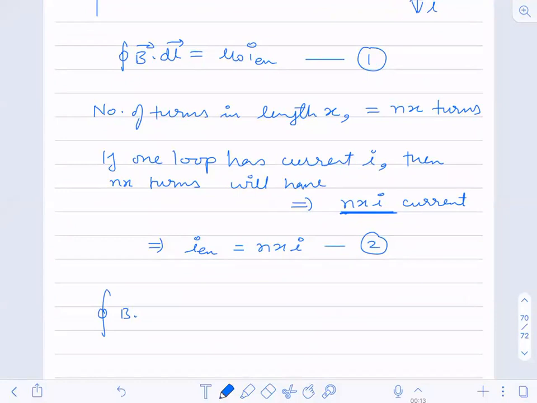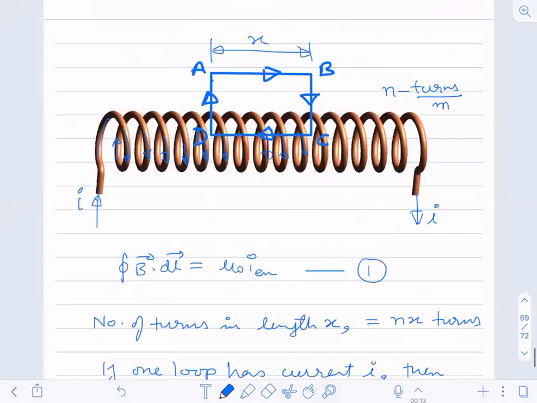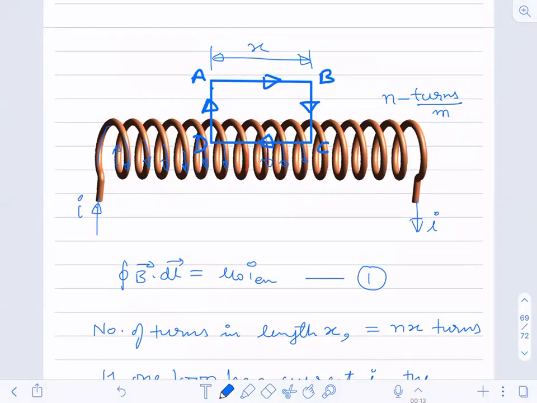B dot dl. Okay, B dot dl. Then I can write it as, see here, four parts. How will I write this in four parts?